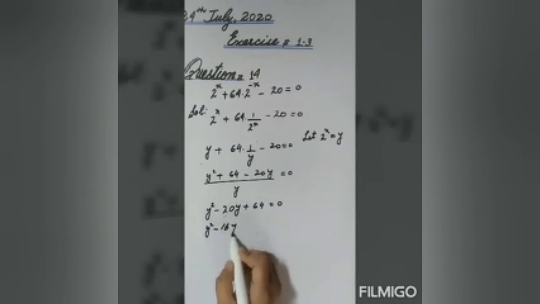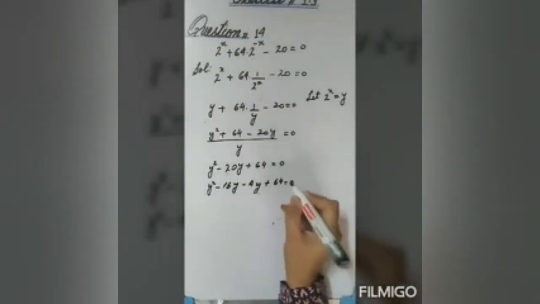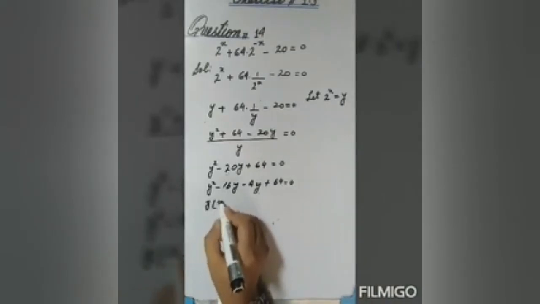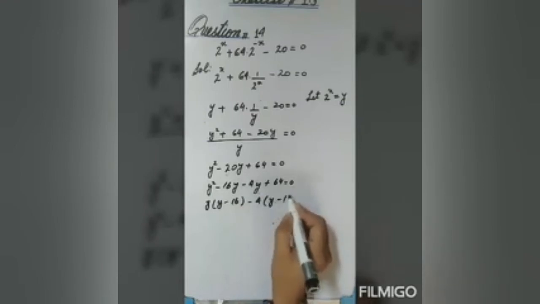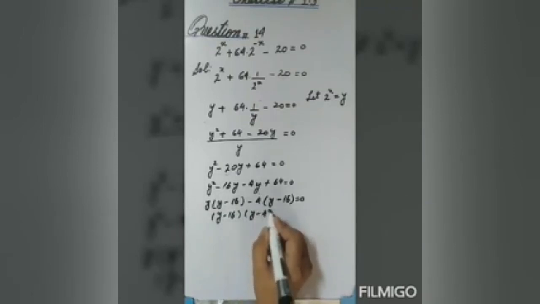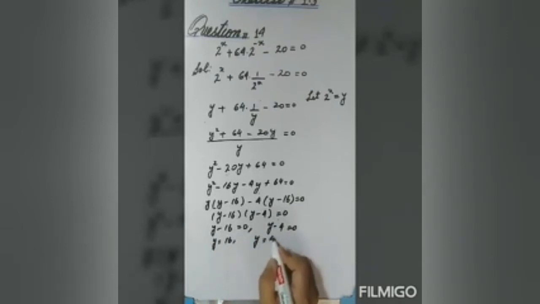So y square minus 16y minus 4y plus 64 equals 0. Now y common, y minus 16, minus 4 common, y minus 16 equals 0. Y minus 16 is again common, y minus 4 equals 0. So y minus 16 equals 0, y minus 4 equals 0. Y equals 16 and y equals 4.